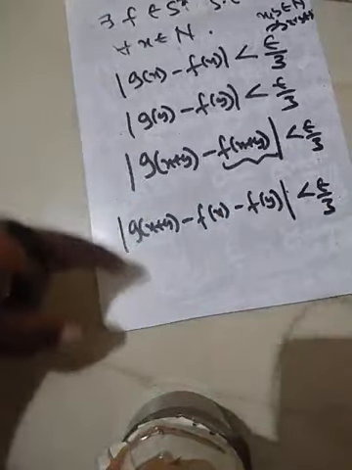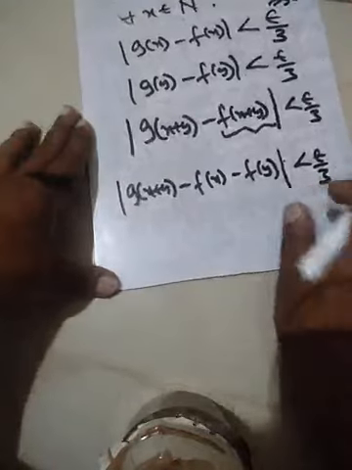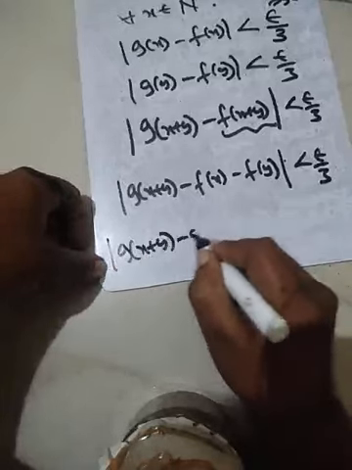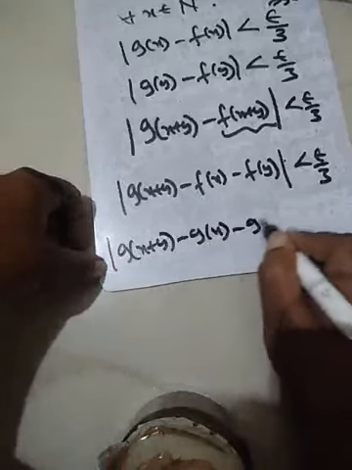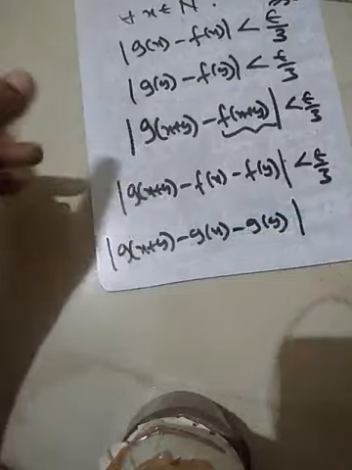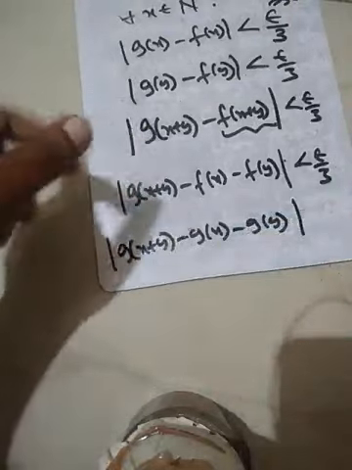So if you consider the following object, g of x plus y minus g of x minus g of y, add and subtract the terms f of x, f of y, f of x plus y.